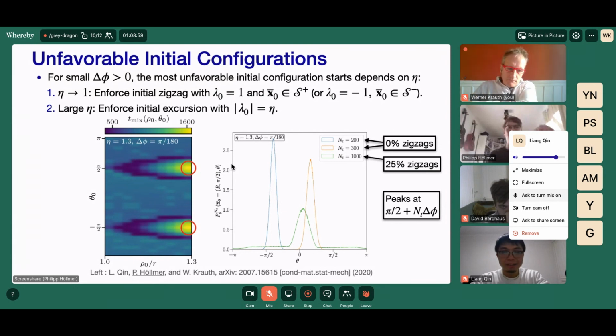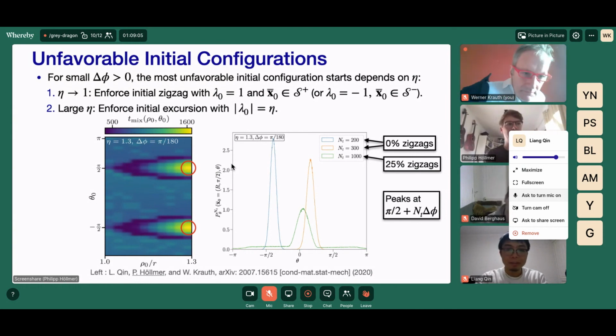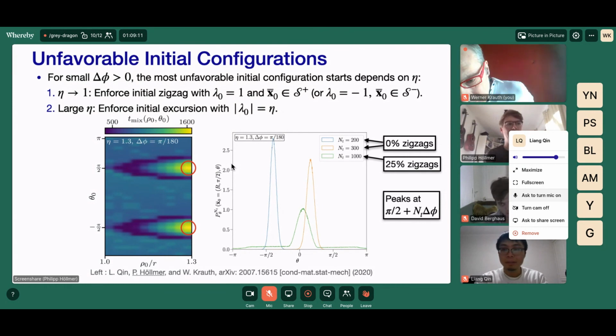Then the dipole angle will travel around with this delta phi, which you can see here. So the difference to the plots I showed earlier is that here we don't average over all possible initial configurations. I hope that answered the question.